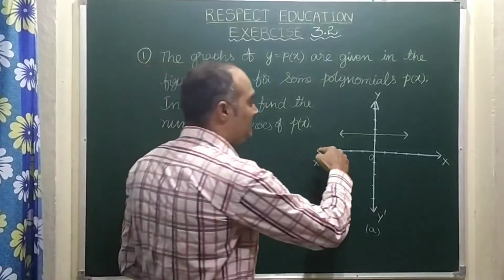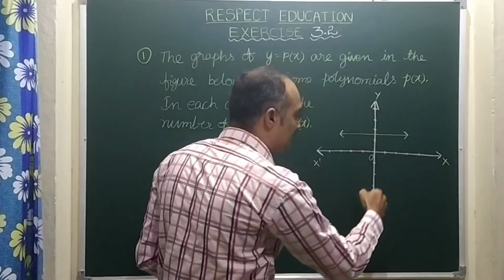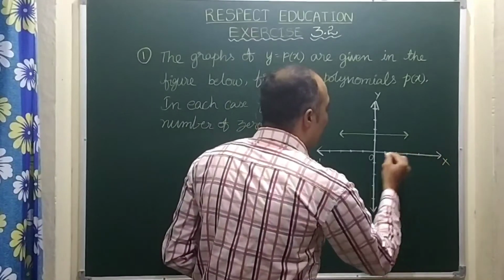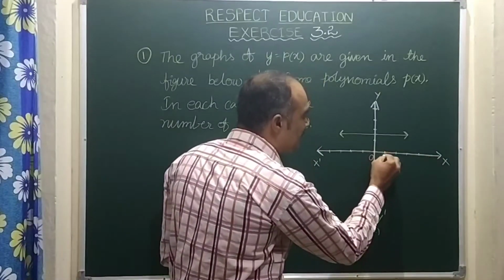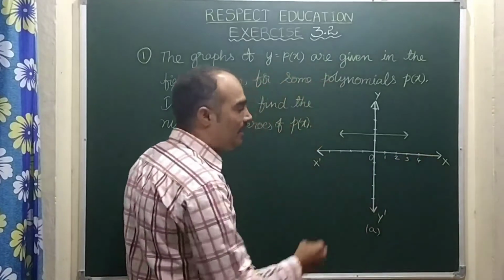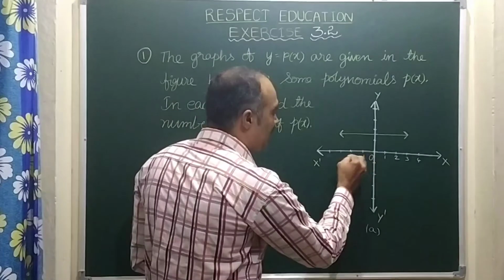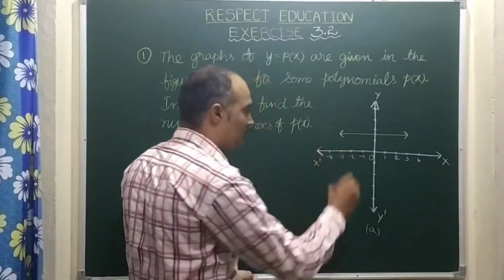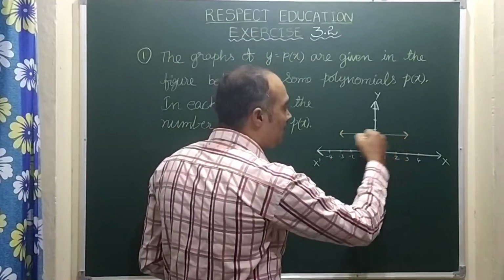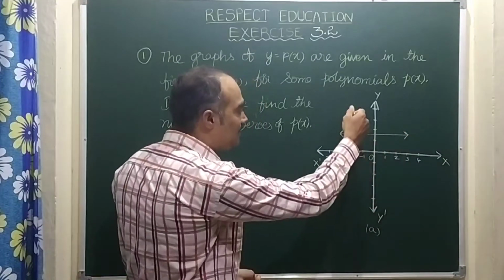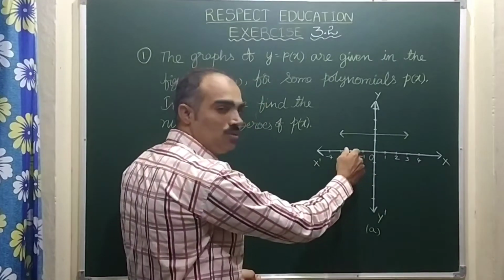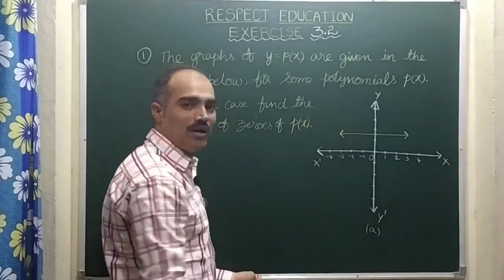Here you see this is called the x-axis and this is the y-axis. On the x-axis, if you take the points, this is 0, this is 1, 2, 3, 4, right? This is minus 1, minus 2, minus 3, minus 4, right? If the given graph passes through minus 2, then we can say that minus 2 is a zero of the polynomial.